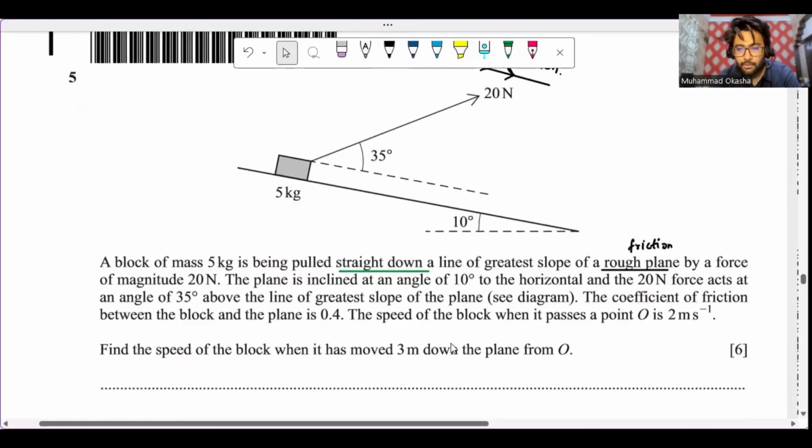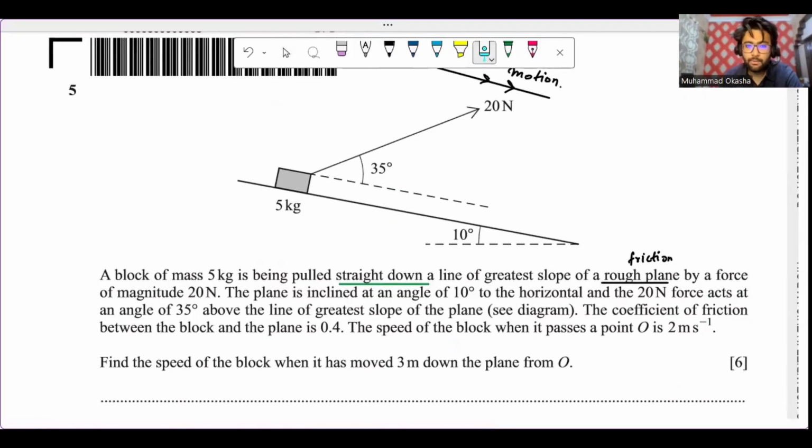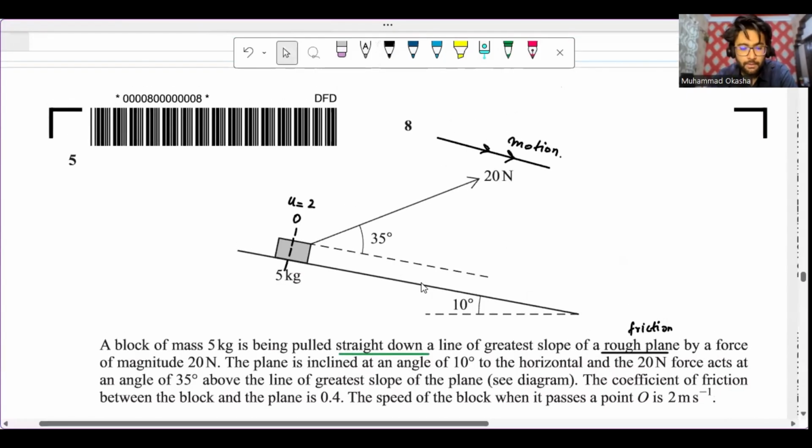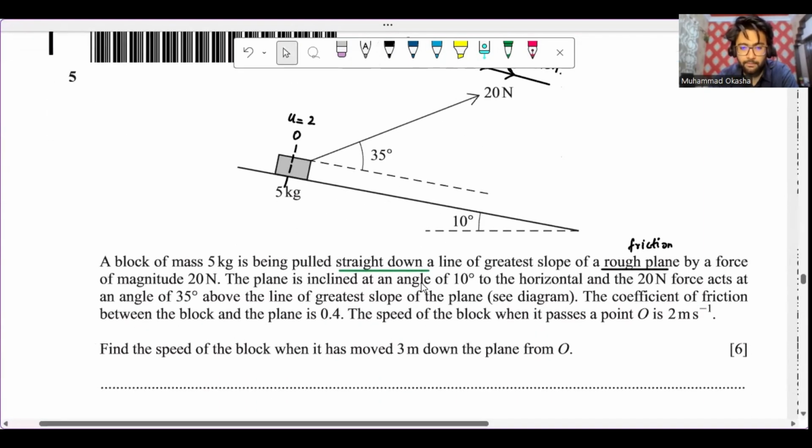The speed of the block when it passes through the point O, let's say it is right now at point O, is 2 meters per second. Find the speed of the block when it has moved 3 meters down the plane from O.